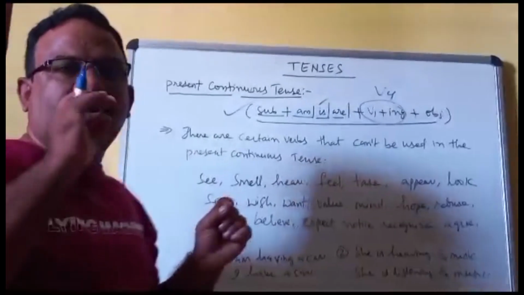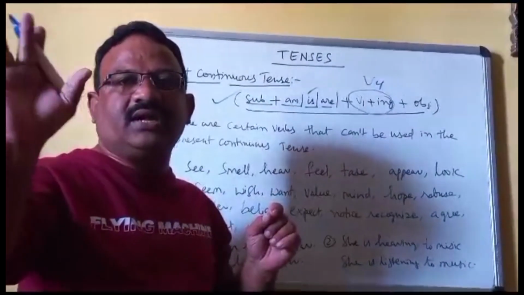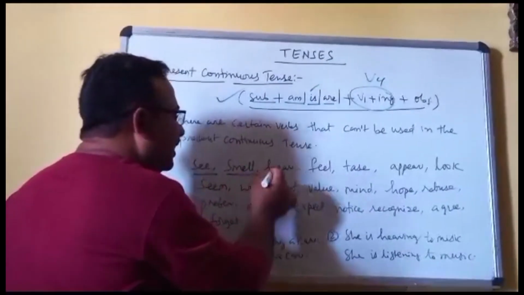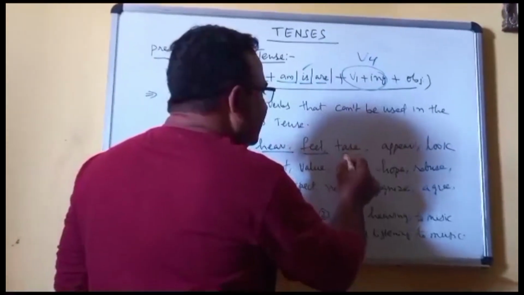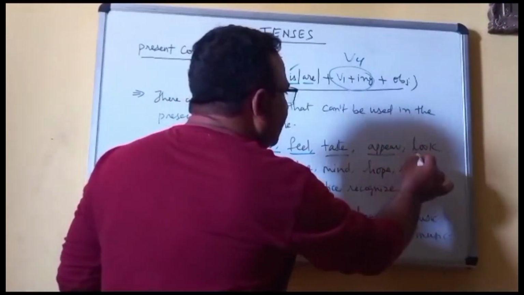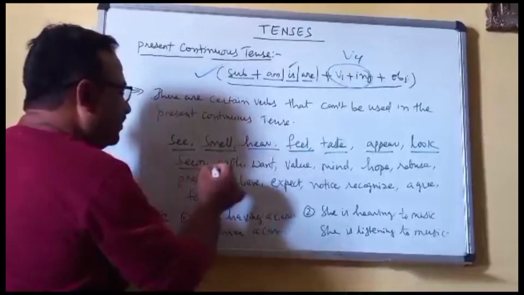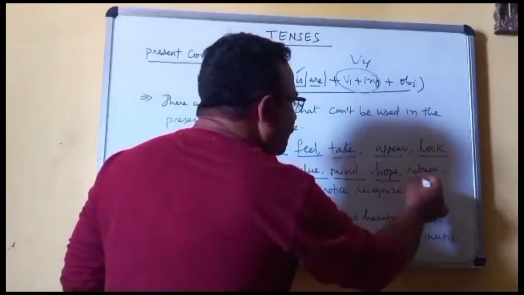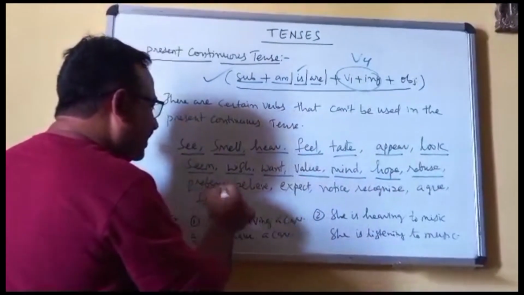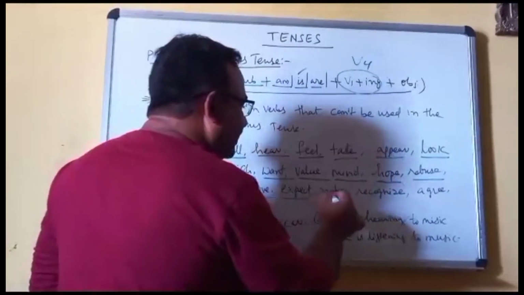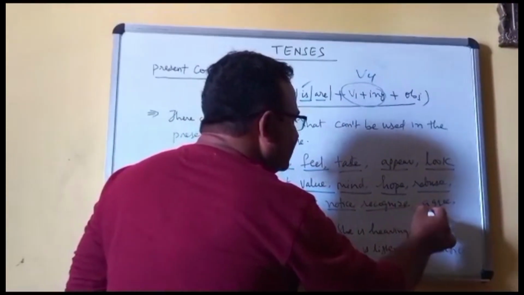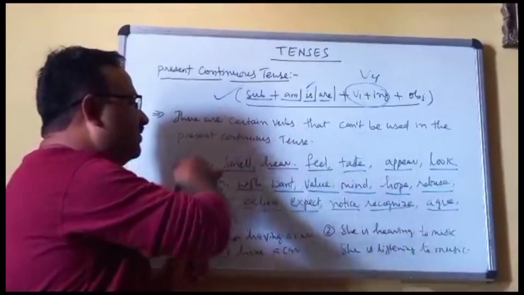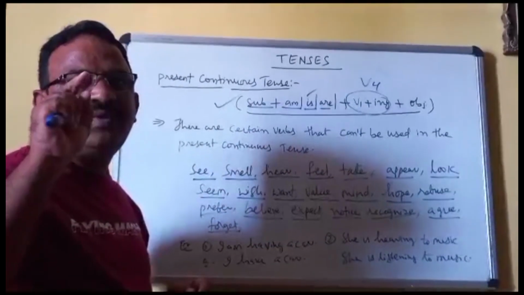The following verbs should not be used in present continuous tense: see, smell, hear, feel, taste, appear, look, seem, wish, want, value, mind, hope, refuse, prefer, believe, expect, notice, recognize, agree, forget. With these verbs we should not use present continuous tense.